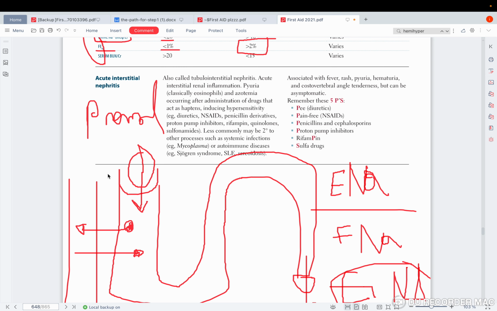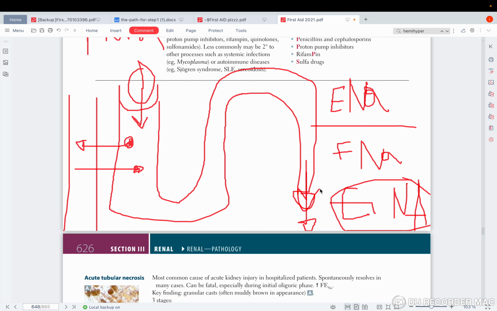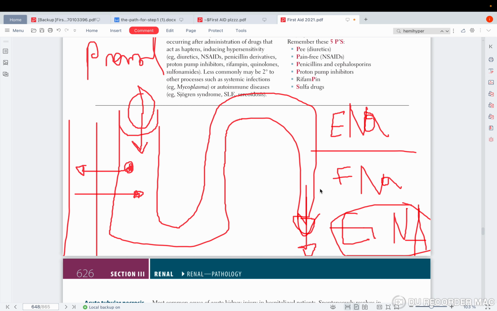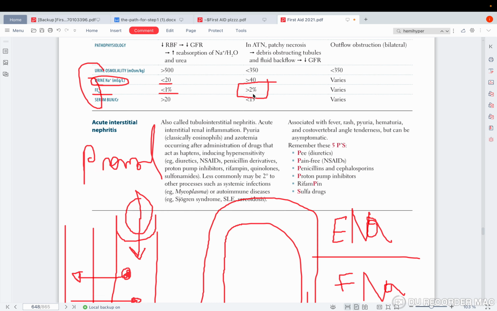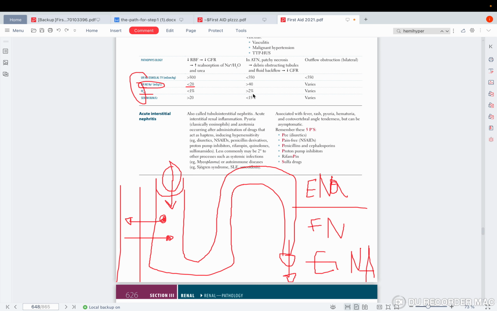You will not be able to reabsorb normally. So, the amount of sodium getting excreted, will it be higher or lower if you are not reabsorbing? Yes, much higher. So when it's much higher, the FeNA will go up. More than 2% is considered really high. Good. Excellent. Let's keep going.